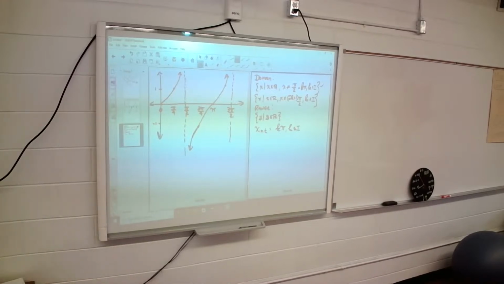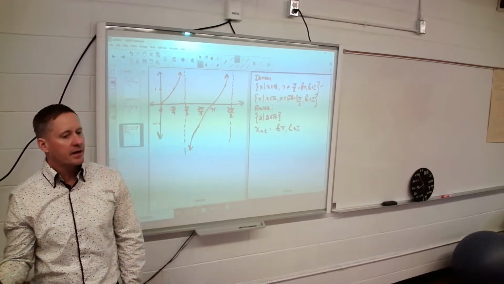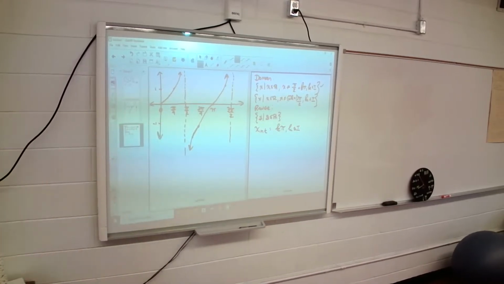All right. So the obvious difference is your period for tangent is pi. So every 180 degrees it repeats. You have undefined values when your cos value is 0.